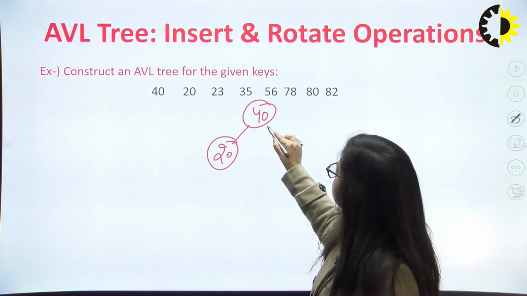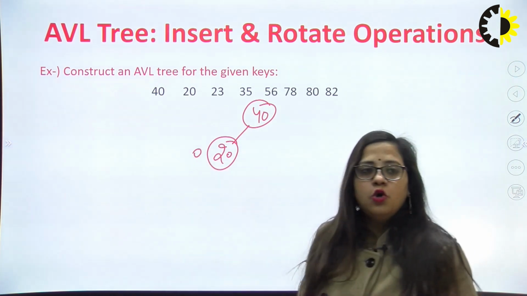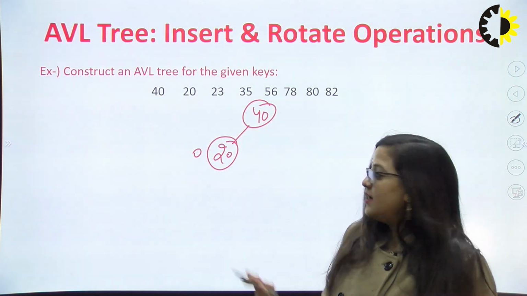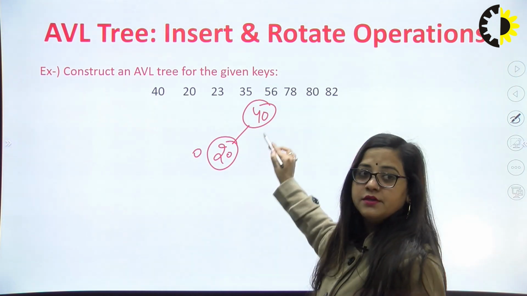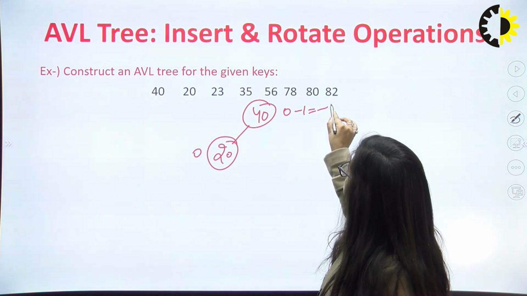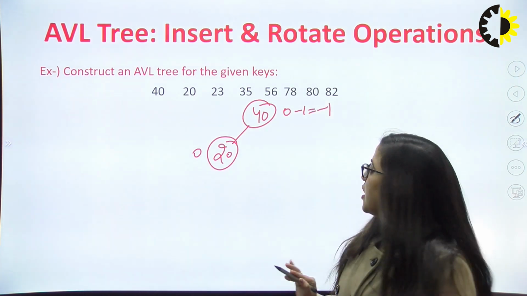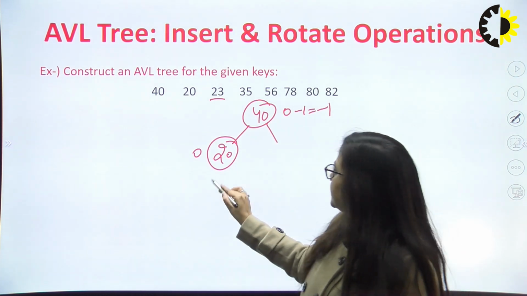Now check it. According to this step, it is 0 because there is no child in left or right direction. Now check here: it is 1 in the left direction and none in the right, so 0 minus 1 is minus 1. No need to change. Now the next number is 23. 23 comes here.